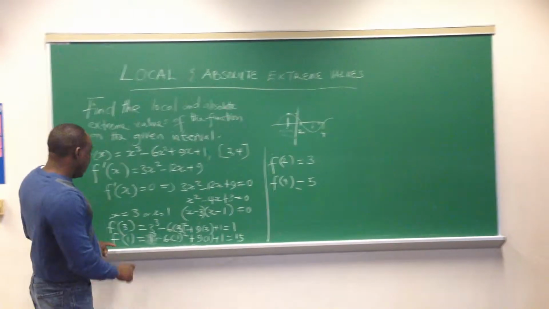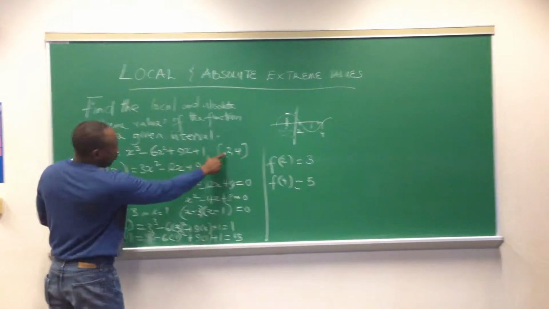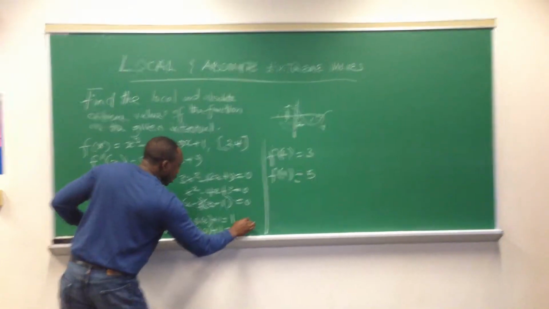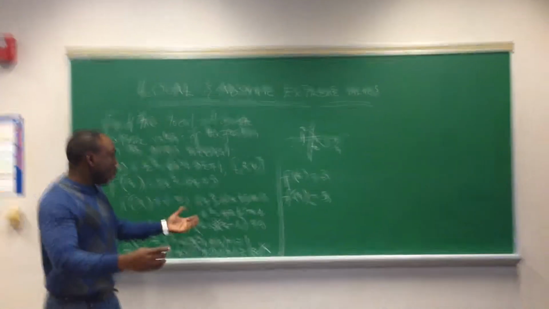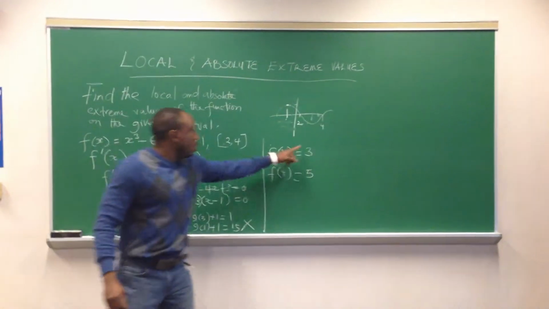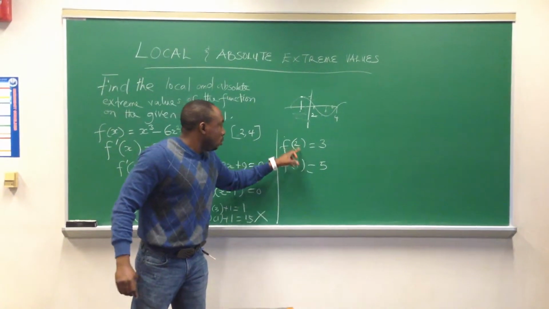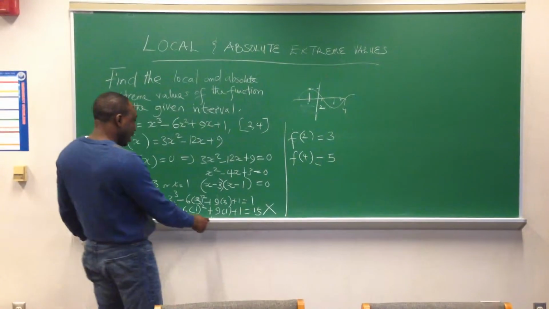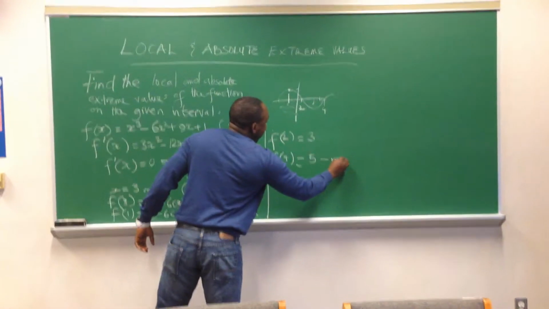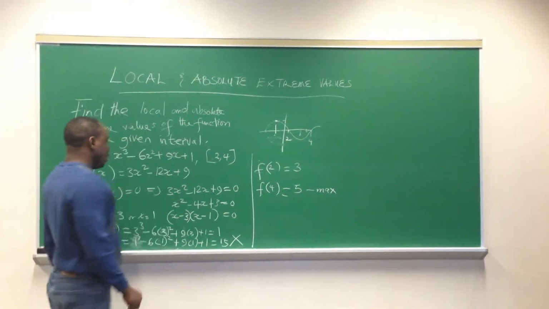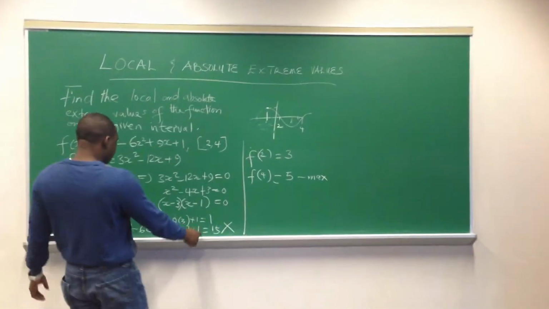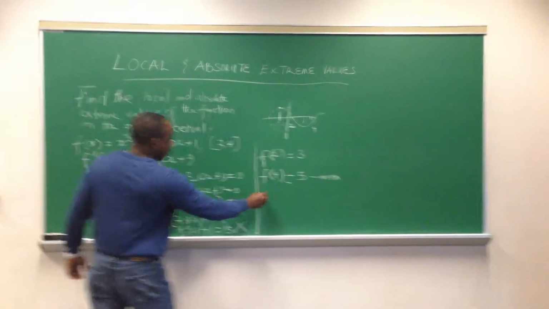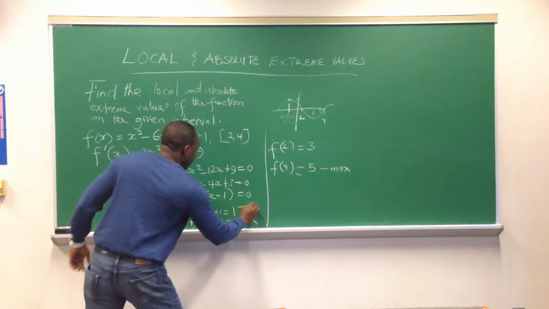So the x equals 1 point, which is less than 2, is not part of our interest. We look at x equals 2, x equals 3 and x equals 4. Among these, the highest is 5, so this is going to be my maximum. The lowest among these is 1, so this is going to be my minimum value.